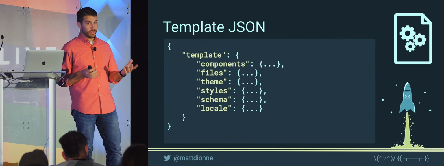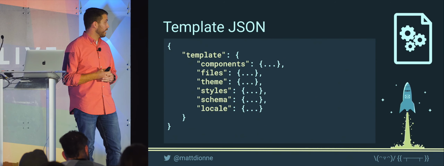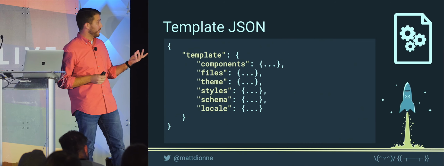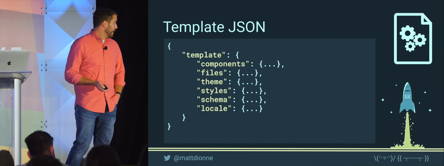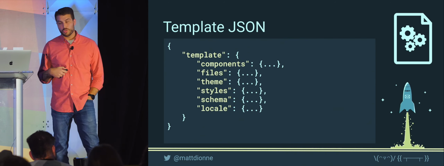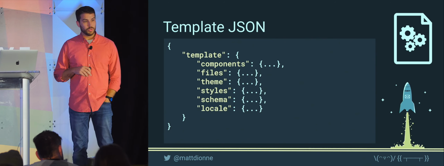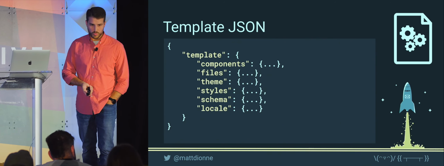So you can say that this is width auto or width 100%. And so you can build that validation directly in there. So as you're writing these templates and you're saving, you can get that feedback right away that you're missing something or something's not right. And then the default content is all stored in a locale. So if you wanted to do language substitutions, that's done with the locale key.